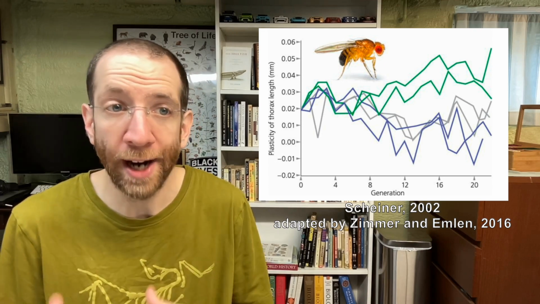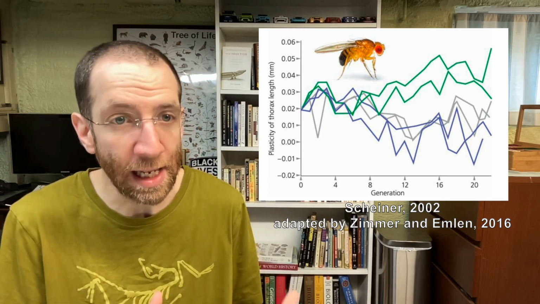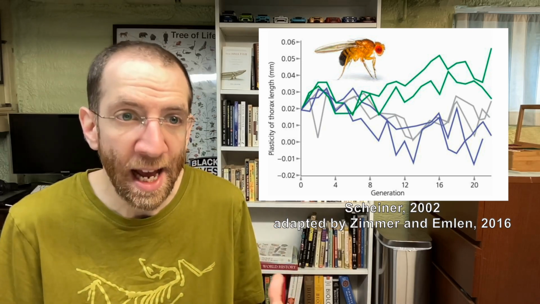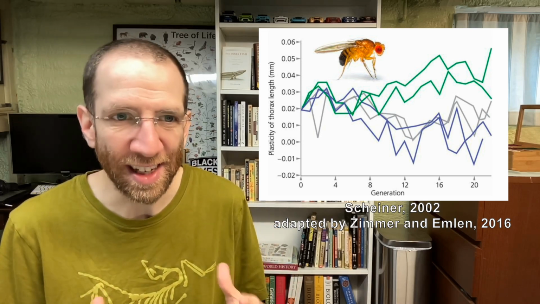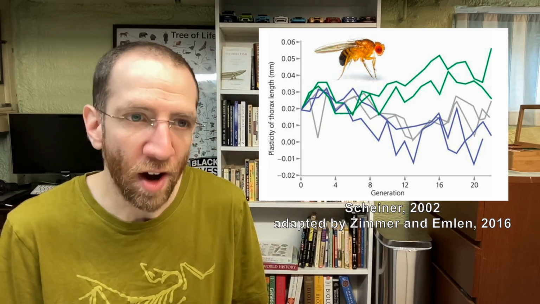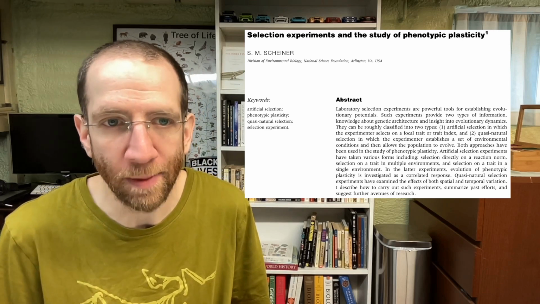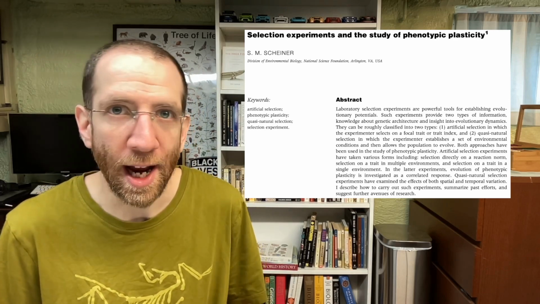Body size exhibits plasticity according to temperature, and flies have been selected for higher and lower levels of plasticity, showing how, rather than being kind of a conscious response to the environment, the ability to exhibit plasticity is itself an evolvable trait. That's from a 2002 paper called Selection Experiments and the Study of Phenotypic Plasticity by S.M. Shiner.